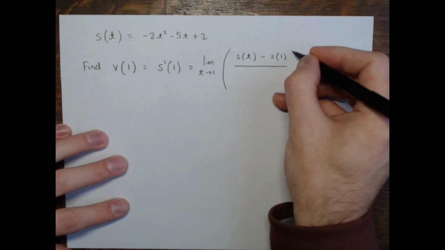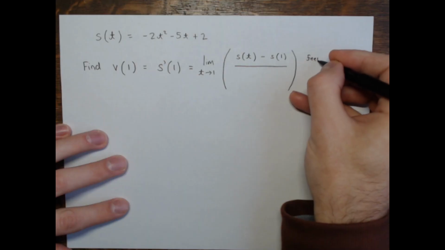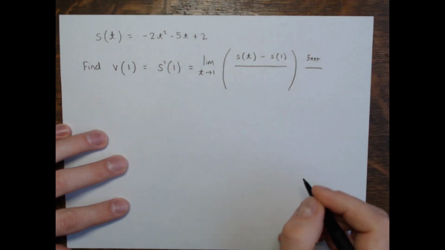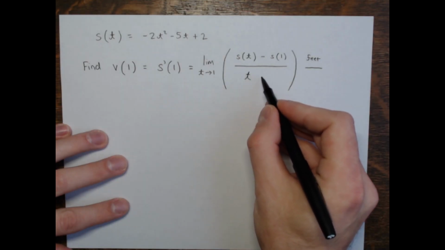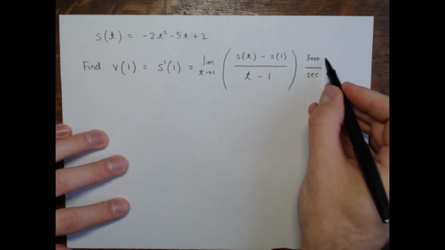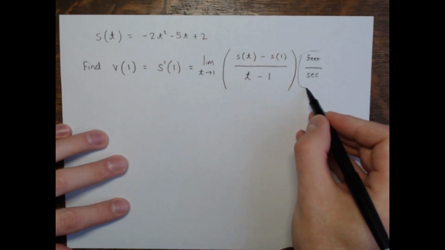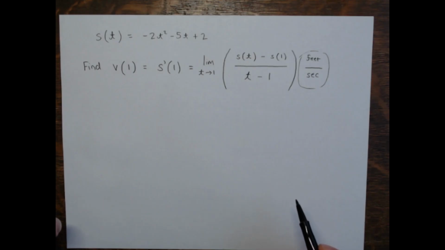There's your change in position. So that'll be in feet up here, because the positions were given in feet. And then the change in time, t minus 1 second, will be in seconds. So the output, the velocity here, is going to be in feet per second units.